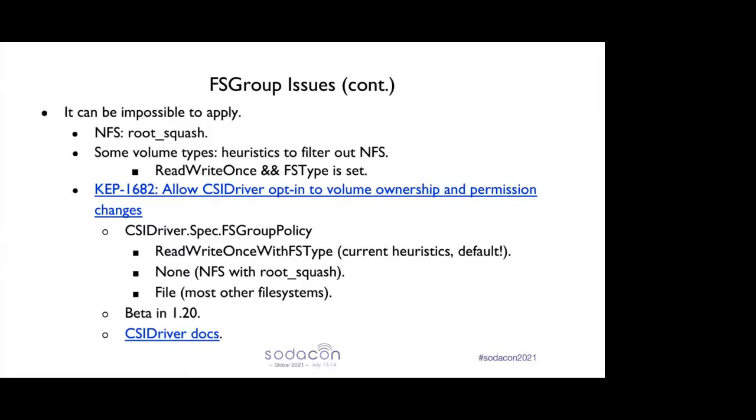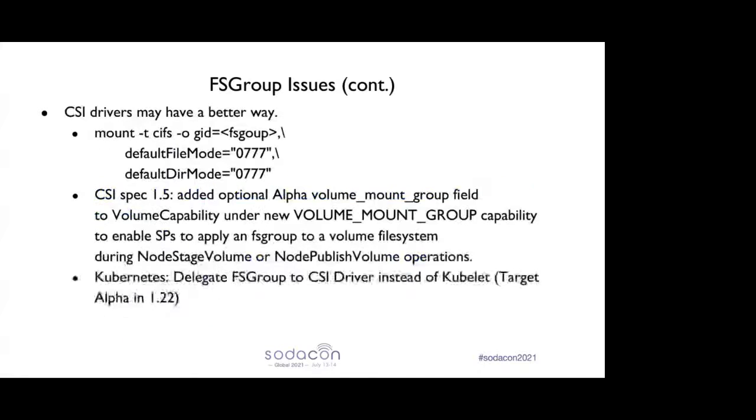This helps reduce volume mount time. The third problem is that some storage systems can apply FSGroup more efficiently by applying it to the whole volume, for example, as a mount option. So we're introducing a feature in 1.22 to delegate FSGroup to CSI driver instead of kubelet.